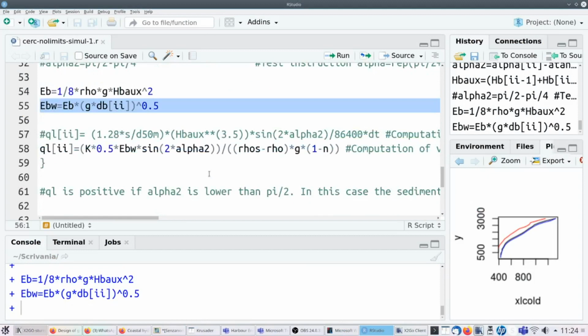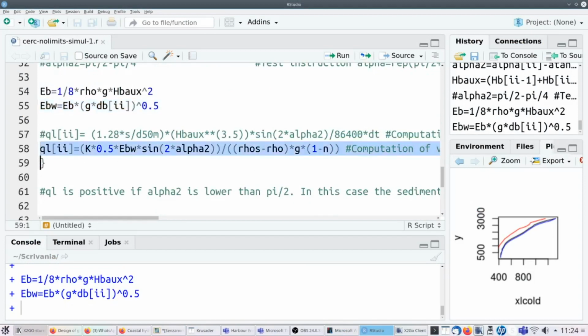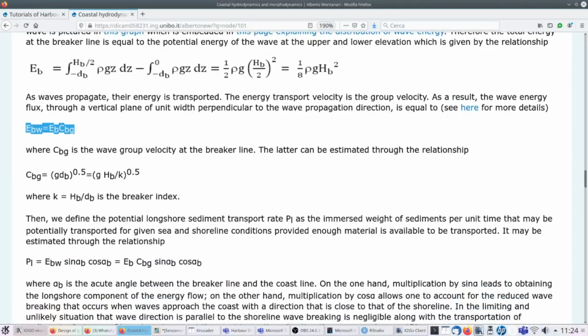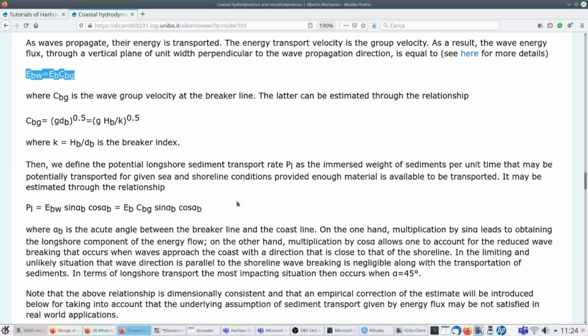Okay. And then there is finally the application of the CERC formula. And here you have the parameter K. And the formula is just what is presented in the web page. I go back to the web page now. It's presented here. This is the formula which I am applying.